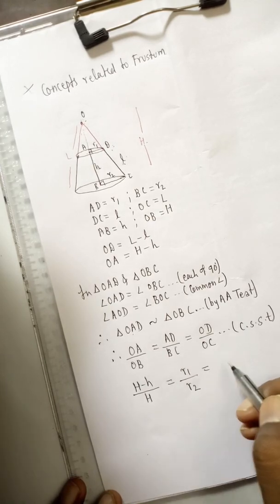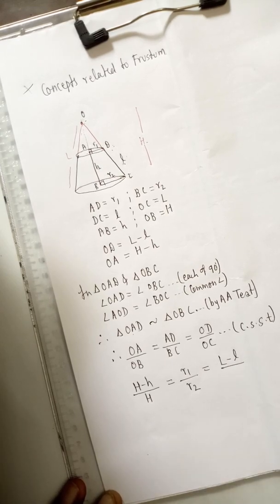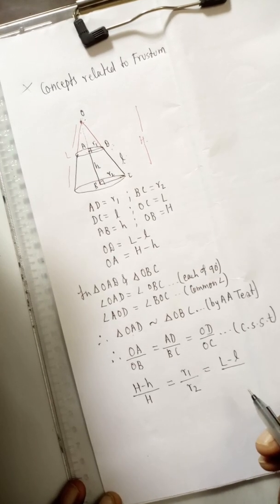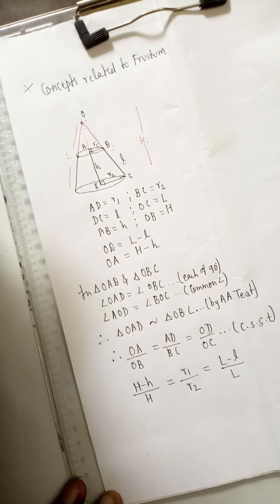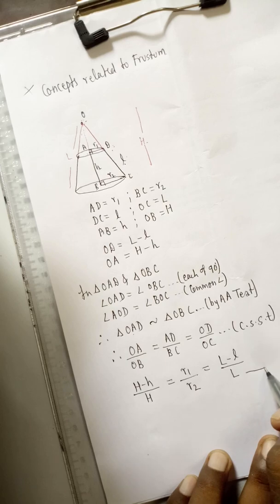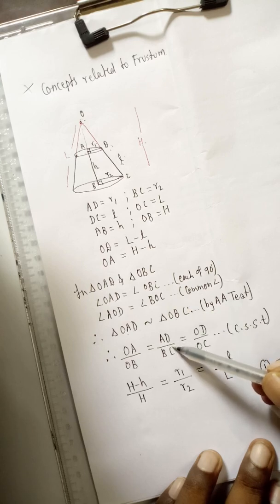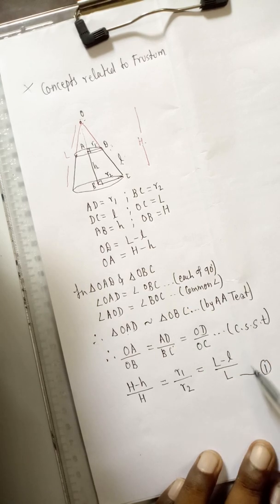OD value is what? Capital L minus small l. OC value is what? Capital L. Hope this is clear to you all. This is the most important step which we are going to use. We have proved the triangles similar, then we have written their sides in proportion, and then we are writing these expressions. I hope this is clear.